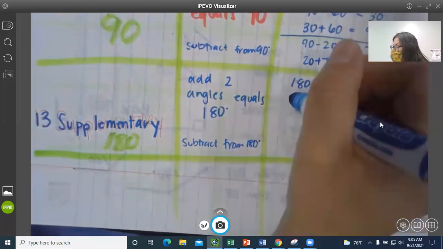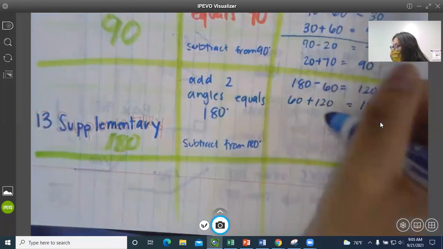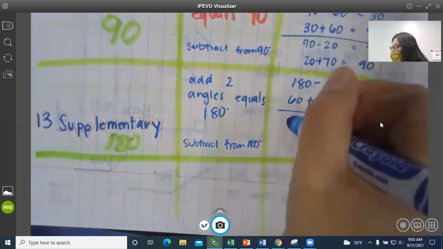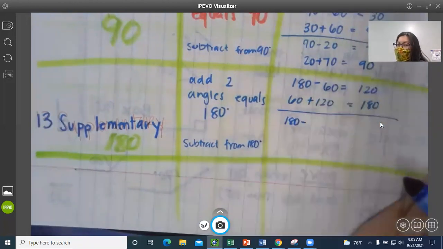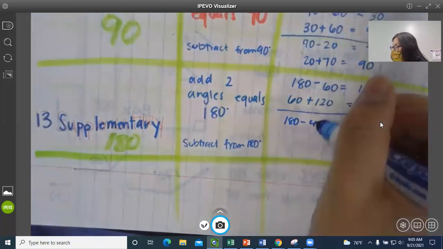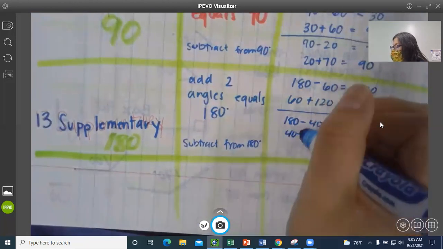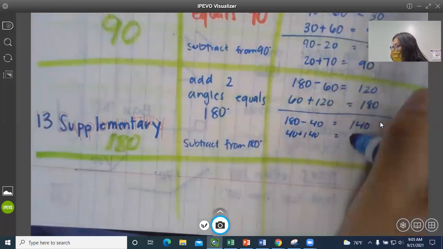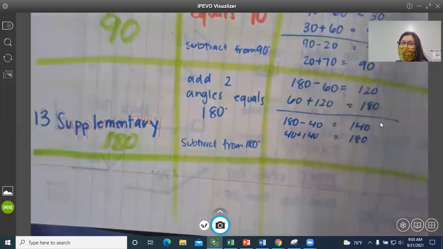That means 60 and 120 are supplementary because their sum is 180. Okay, come on, give me another number besides 60 and 120. Sure. 180 minus 40 is 140. That means 40 and 140 are supplementary because their sum is 180.